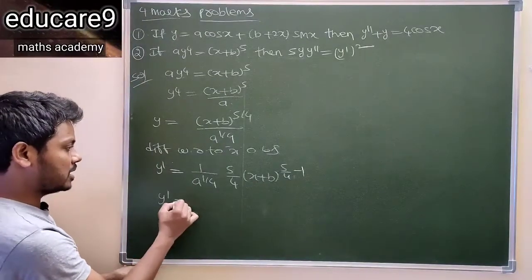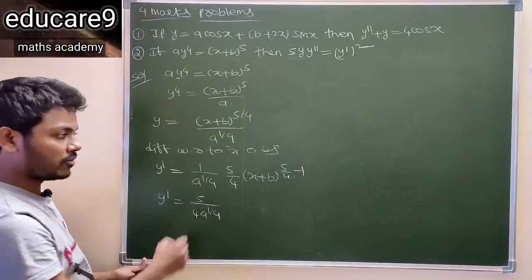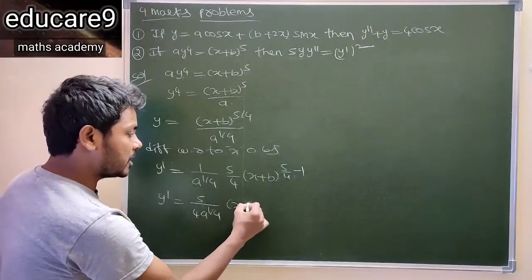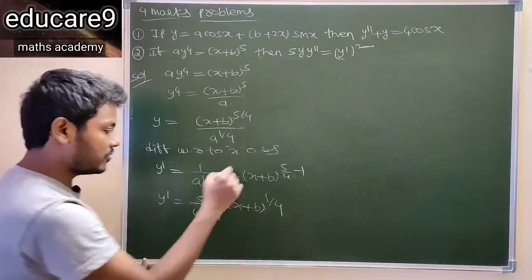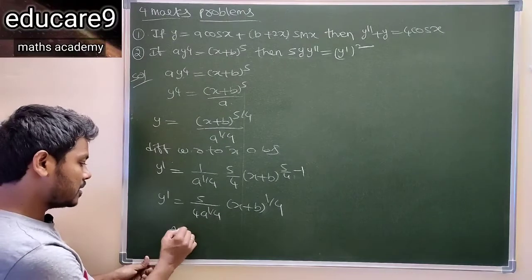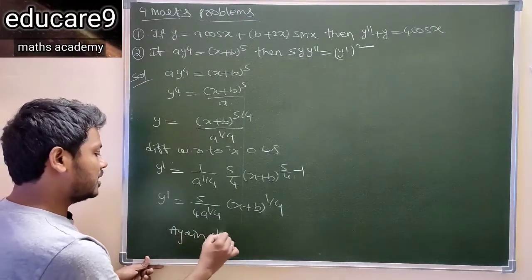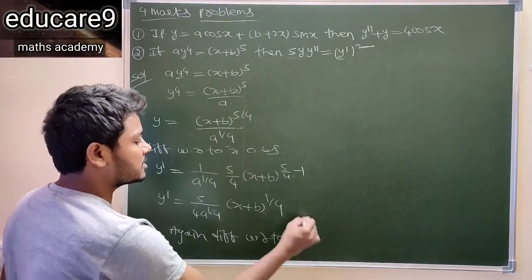So y dash is equal to 5 by 4 a power 1 by 4 into x plus b to the power of 5 by 4 minus 1, that is 1 by 4. Again differentiate with respect to x.